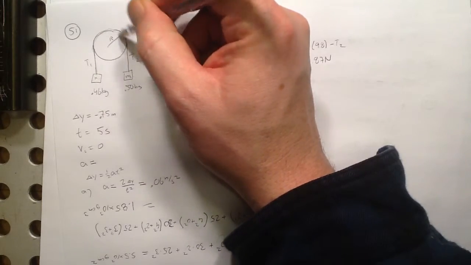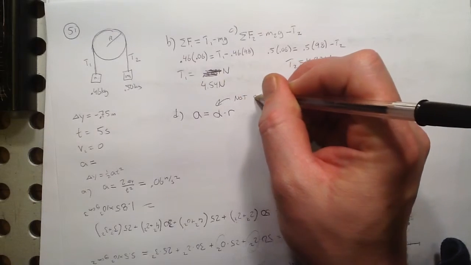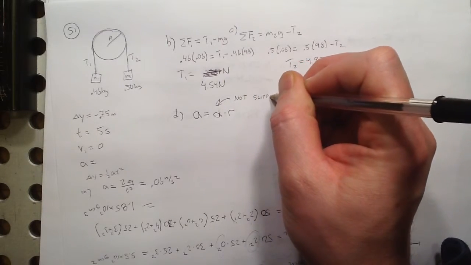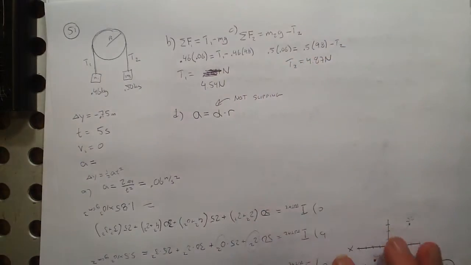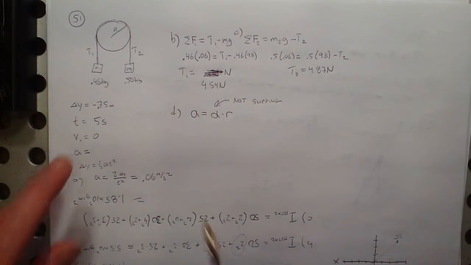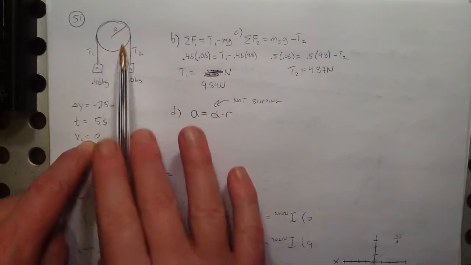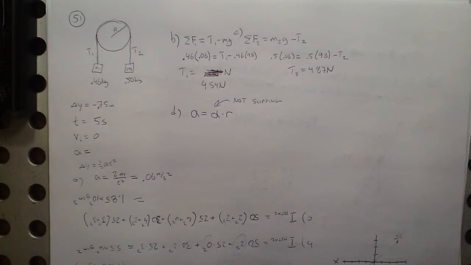Because the rope is not slipping. This is true if it's not slipping. If it is slipping, then that relationship would not hold, right? Because the blocks would actually be moving a little bit faster. They would have a greater acceleration than the rim of the pulley. But if it's not slipping, and they did say that, then this relationship would be true.